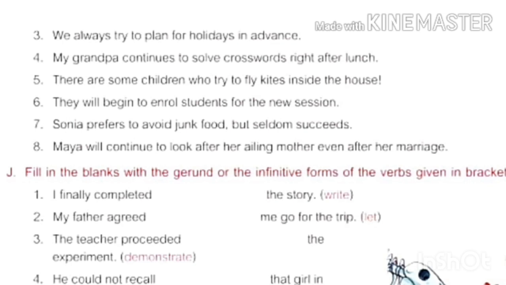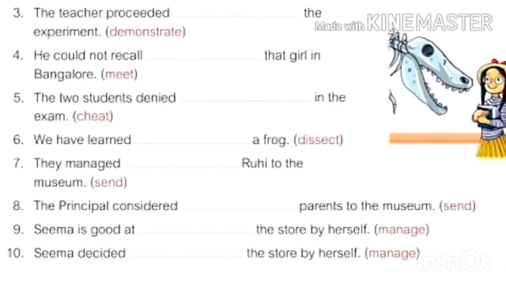Here we have to use the word demonstrate. Answer is to demonstrate. All right. Next, fourth number, he could not recall dash that girl in Bangalore. So we have to use meet. He could not recall meeting that girl.